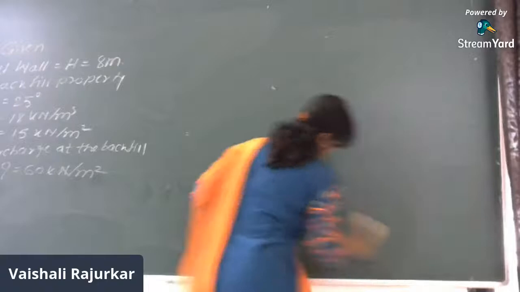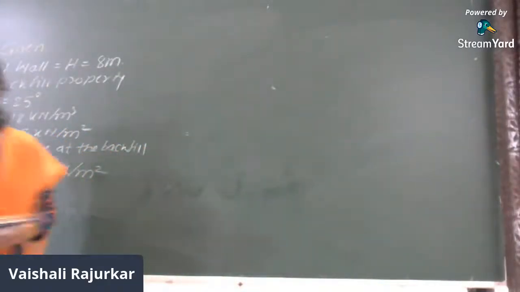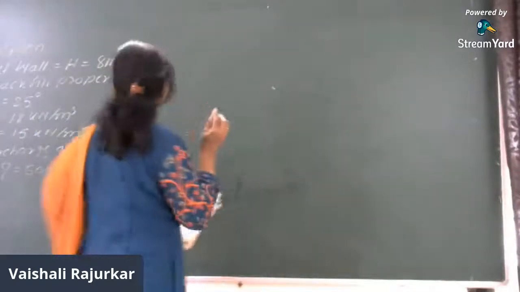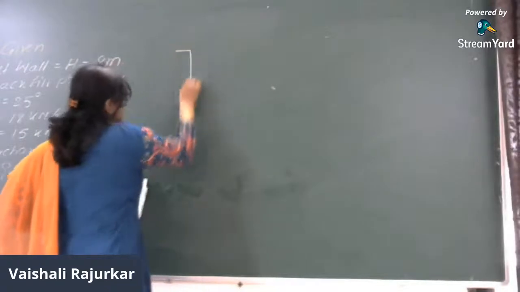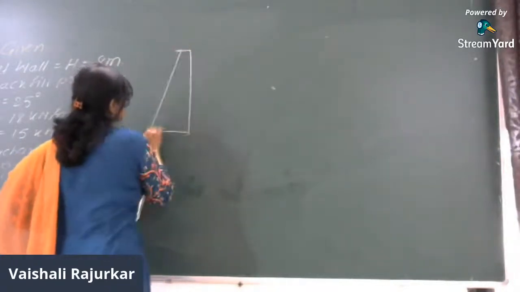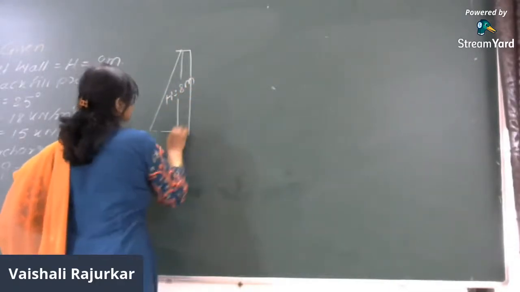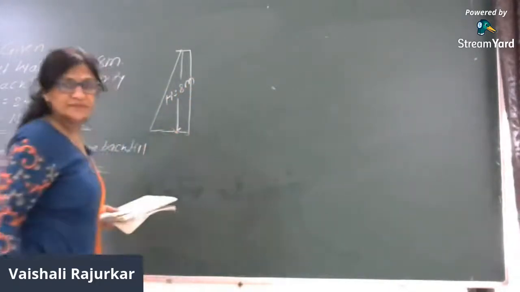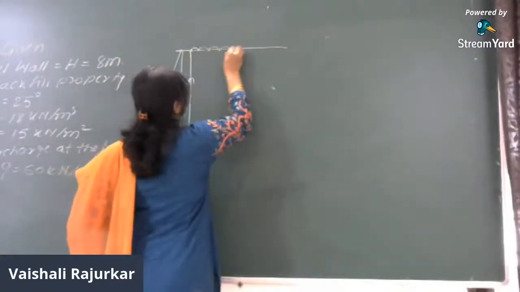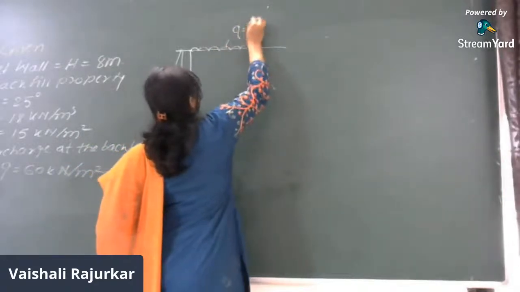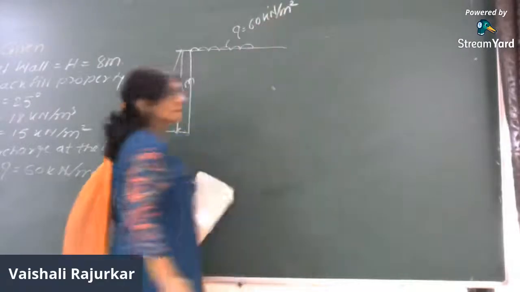Here, with the backfill, a surcharge loading is given, right? So here, this is the retaining wall of H is equal to 8 meters, right? Then the soil is a C-phi soil and there is a surcharge. This surcharge is of 60 kilonewton per meter square.